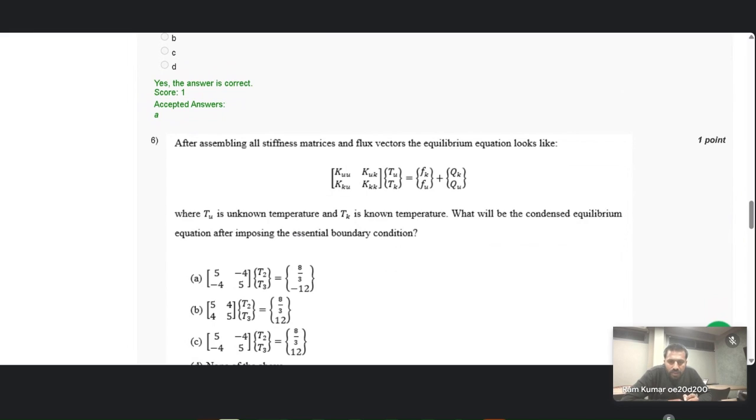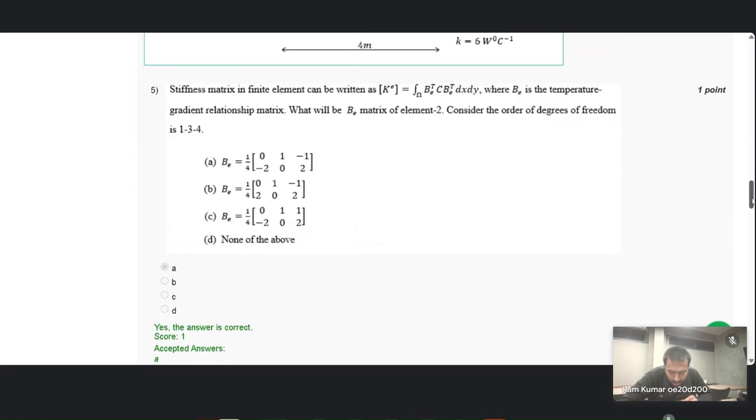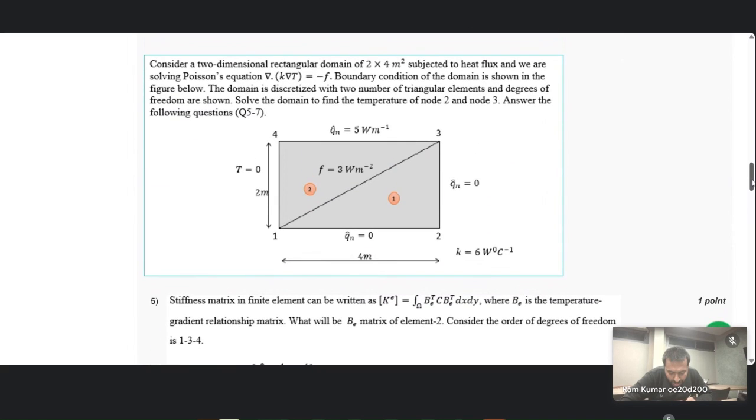Are you able to hear me? Sir, can you go up to that main problem? Okay, sir. See, what is Q? Qn, if I say it in heat and mass transfer terminology, is flux, or heat per unit length, right?